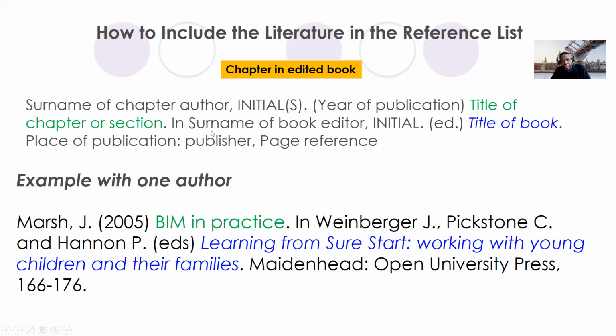So, in surname of book editor, the book editors here are Weinberger, Hickstone, and Hannon. And then EDS for the editors, just ED if there is one. Then the title of the book is Learning from Sure Start, working with young children and their families. And then the place of publication, Maidenhead, publisher, Open University Press, and then the page number. So take note.